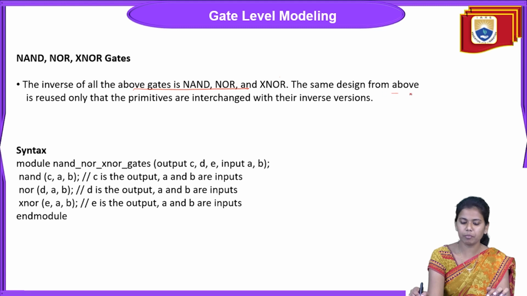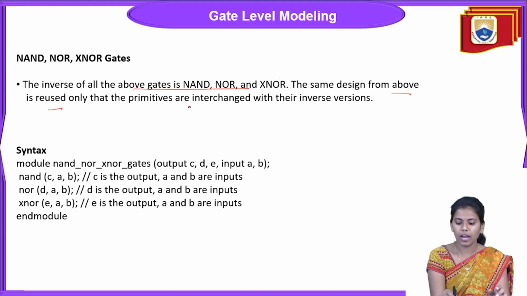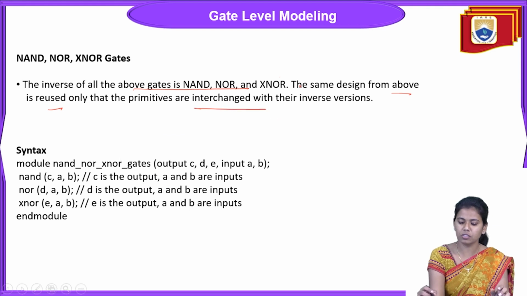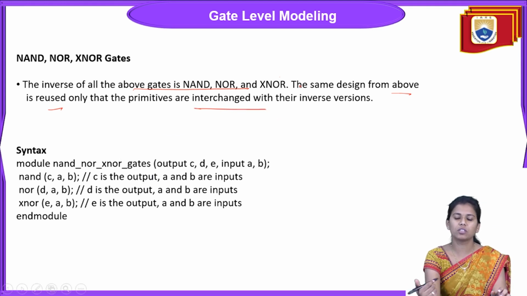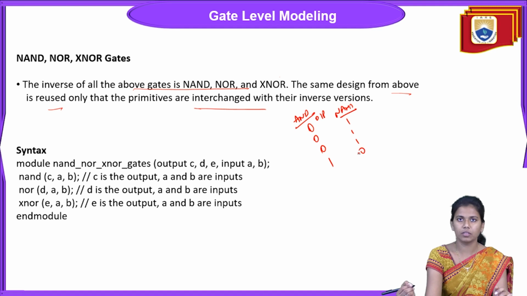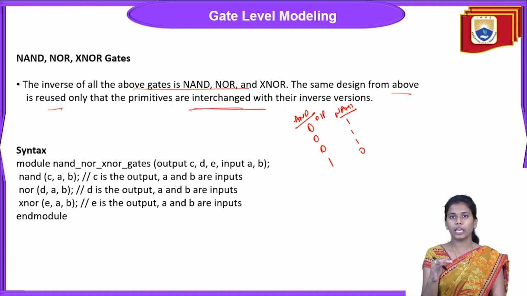The same design from above is reused, just interchanged with the inversion versions. If my AND output is 0, 0, 0, 1, then the NAND output is the inverse of this: 1, 1, 1, 0. Isn't it?